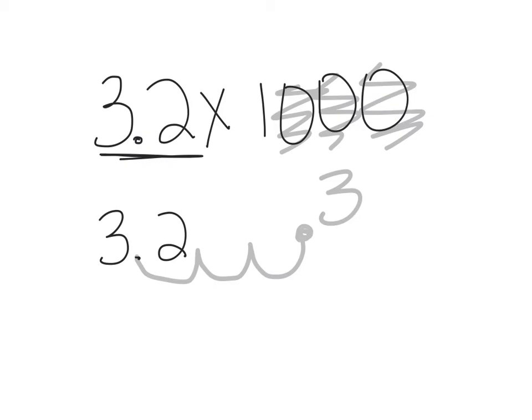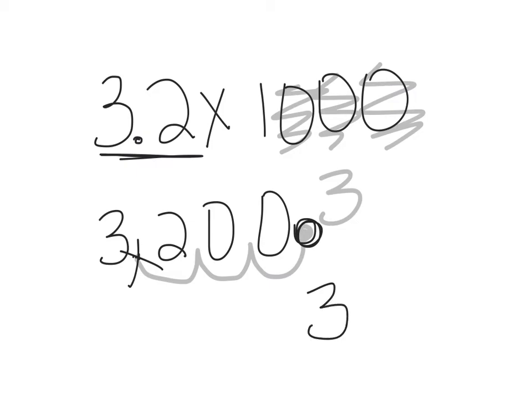You'll notice that those spots open up and we have to fill them with something. So we just fill them in with zeros. This decimal is gone. It is now sitting out here. It moved 3 spots. It is no longer a part of the number. So our answer to 3.2 times 1,000 is 3,200, with our decimal hanging out there ninja style.